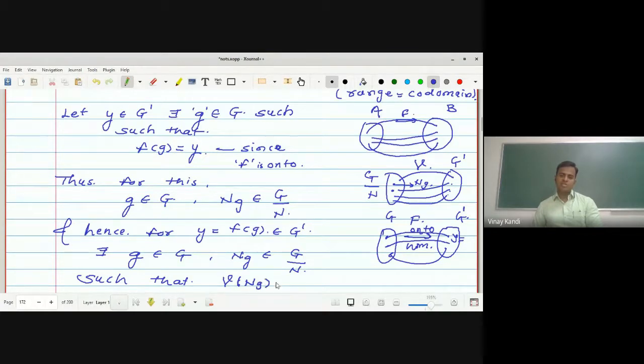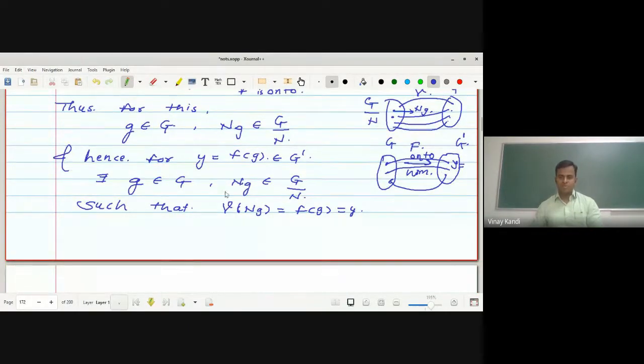By the definition of gamma, gamma of ng is equal to f of g, which is equal to y. So hence for every element belonging to the codomain, we get a pre-image in the domain.